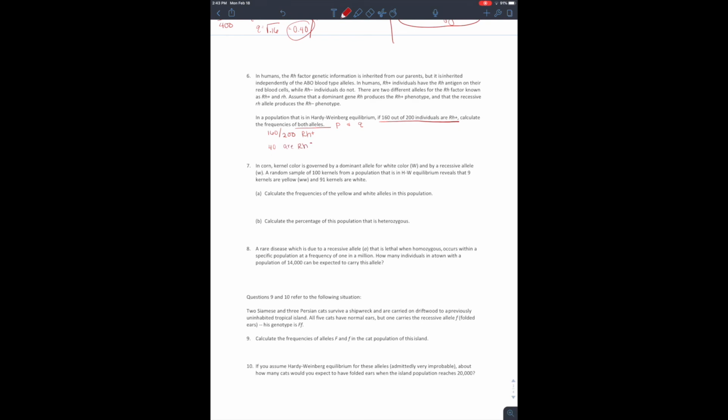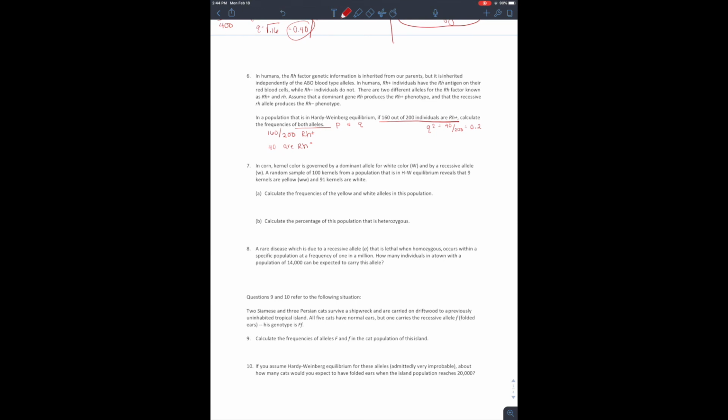So Rh negative was our recessive genotype. To find our Q squared, we have to take the 40, divide it by 200, and that gives us 0.2. So that is the frequency of being homozygous recessive.